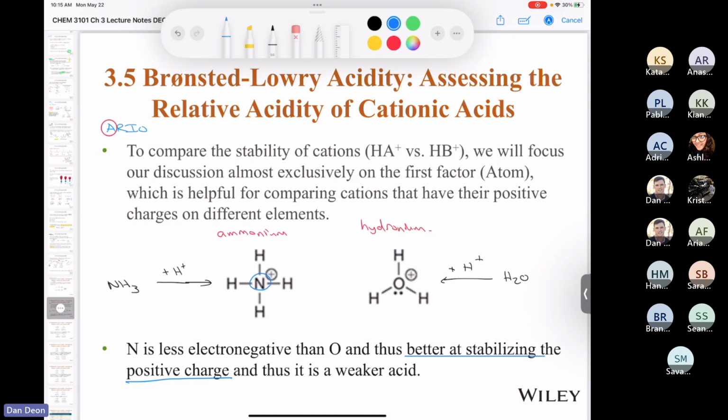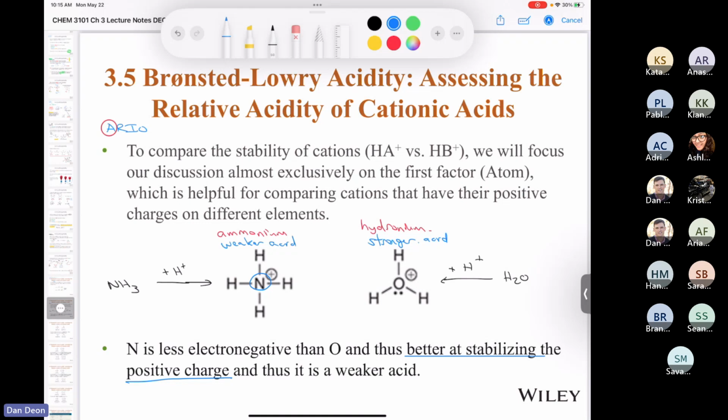Right? This is going to be better at stabilizing the positive charge, and therefore it's going to be a weaker acid. This is going to be the weaker acid, and this is going to be the stronger acid. Remember, the concept is that the oxygen doesn't do as good a job at stabilizing the positive charge, and so it wants to shed or lose the proton. It wants to get rid of the proton.